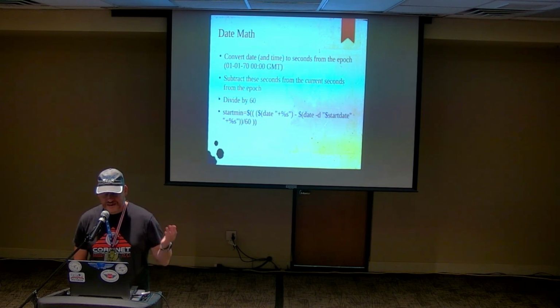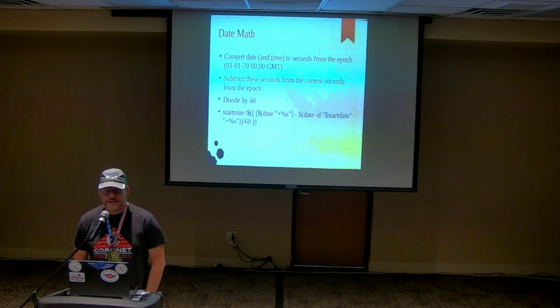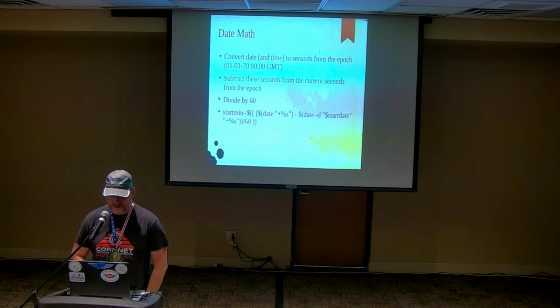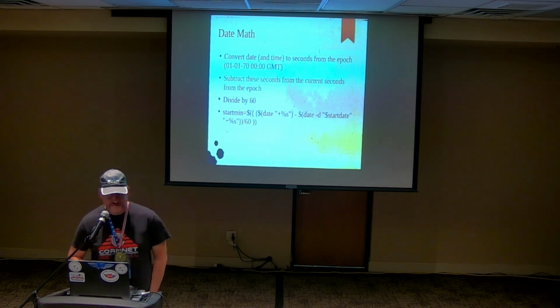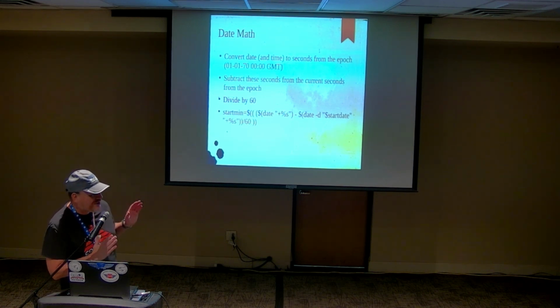Then I create a difference, if you will, by looking at the current date, and then I just subtract, right? And then divide by 60, right? So it looks kind of like this. Hopefully, it's squeezed and a little blurry.